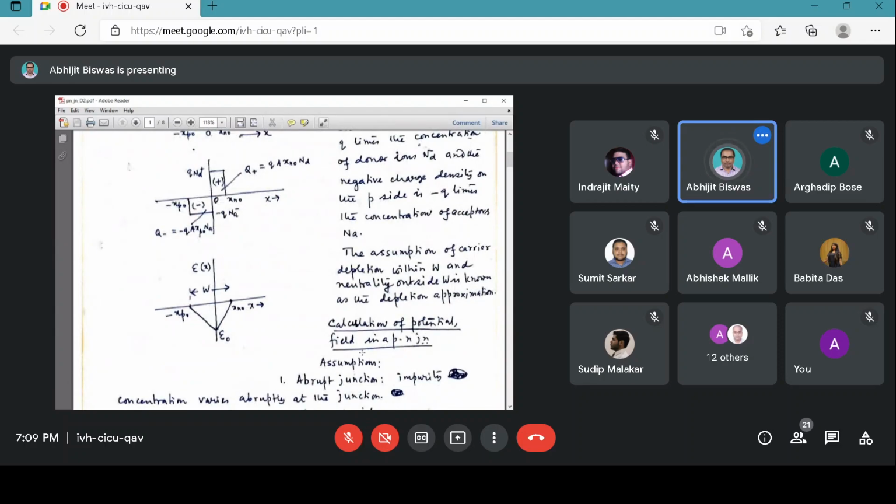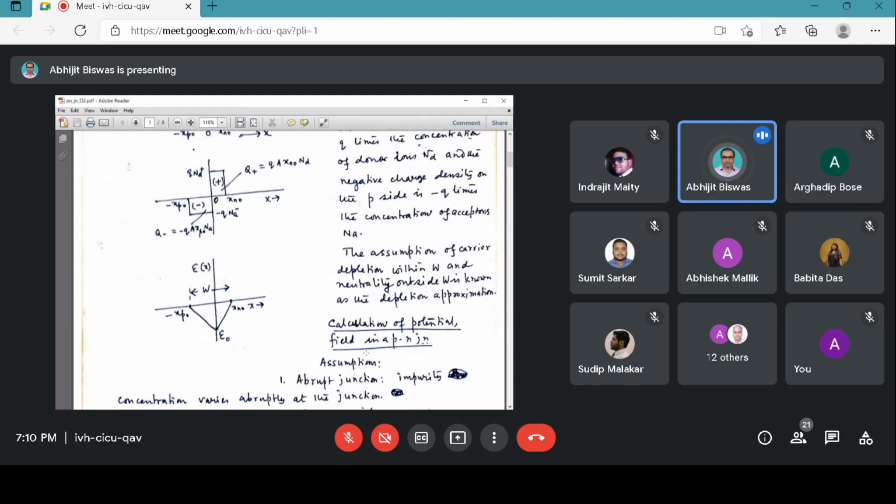Now I can tell you regarding the depletion approximation. The assumption of carrier depletion within W, meaning within the depletion region, and neutrality outside W is known as the depletion approximation. It is justified because, due to the presence of an electric field within the depletion region, free charge carriers cannot reside within it.